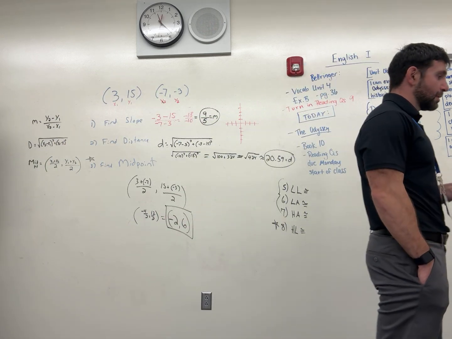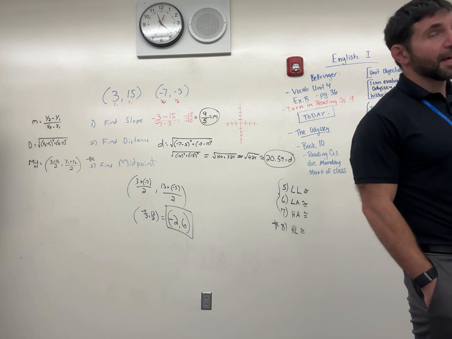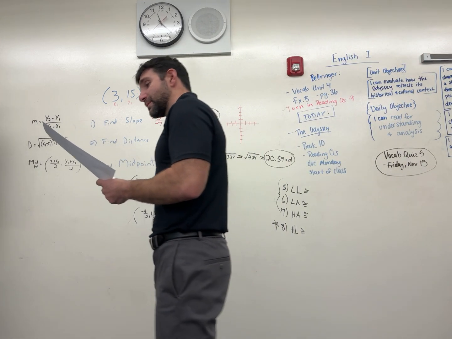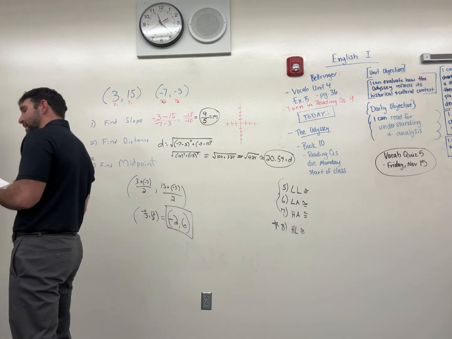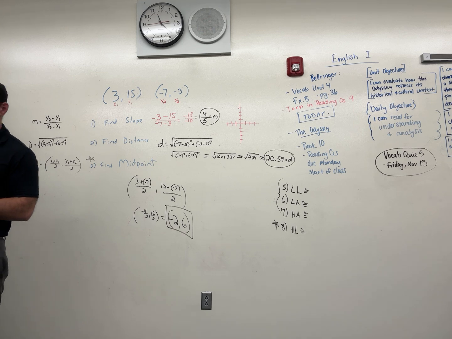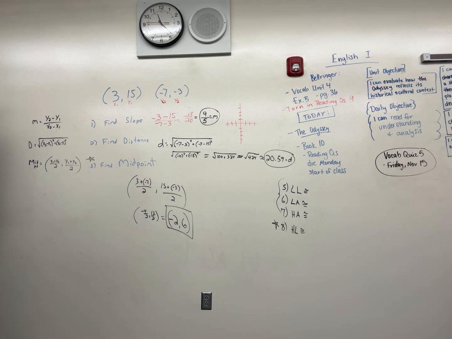Number 13, segment ML has to be congruent to segment MH. Number 14, segment MN is congruent to segment CD.